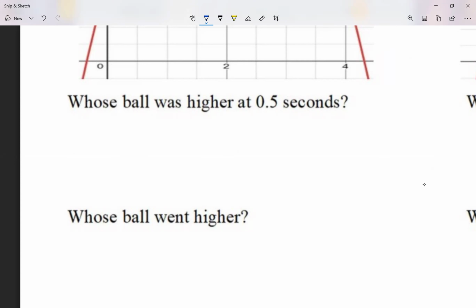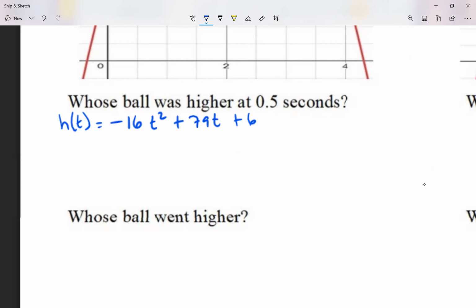Remember, h(t), the height of the ball, was given by the formula negative 16t squared plus 79t plus 6. And I just said a few seconds ago, if you know the time, in this case the time is 0.5, replace the time for t.